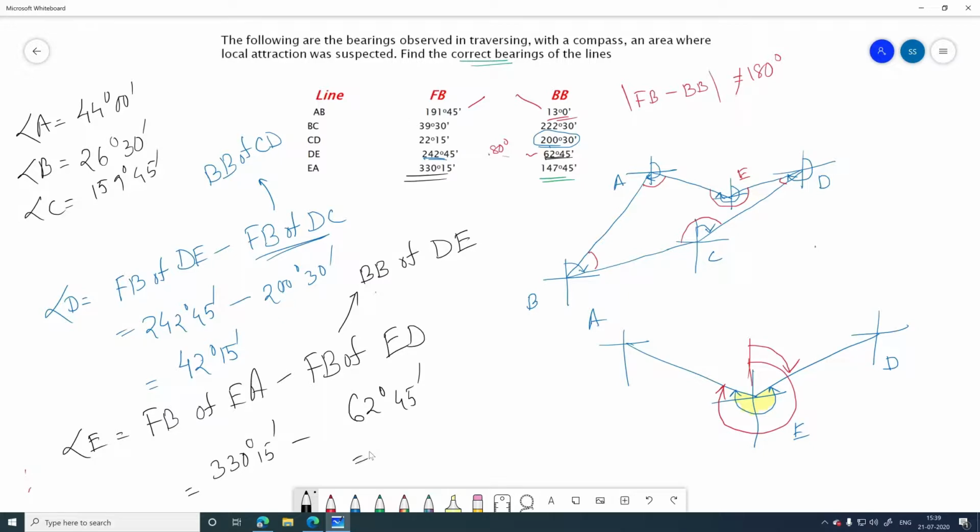So the ultimate value, that means the interior angle, is 267 degree 30 minutes. Okay, so we have got all the interior angles. So let's check whether the summation of the angles is equal to (2n minus 4) into 90 degree.